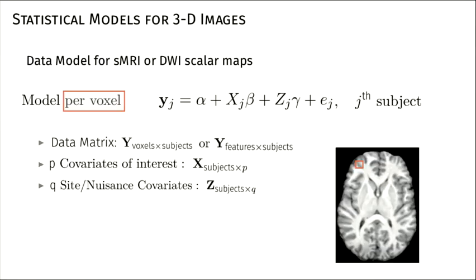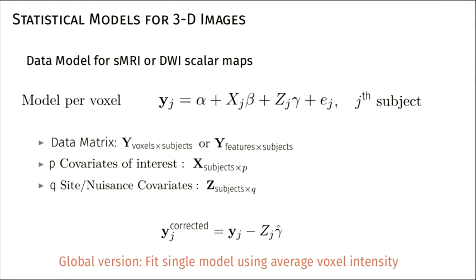So for example, an indicator variable indicating that a subject belongs to a particular site would be a known site effect or a site covariate. And you can just solve for this problem per voxel. You fit this model, you fit the gammas, and you take the residuals. And this is a way of correcting your data.